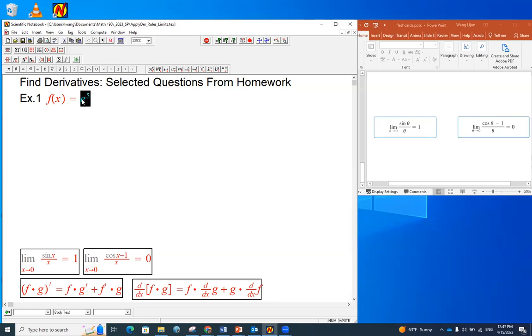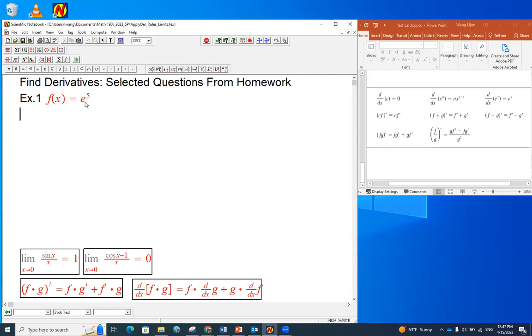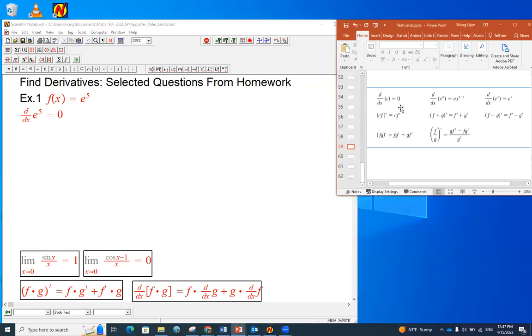So this function is really a constant. And the derivative of a constant with respect to x is 0, since x is not in the expression. So the derivative of this function is 0. We apply the derivative of a constant.